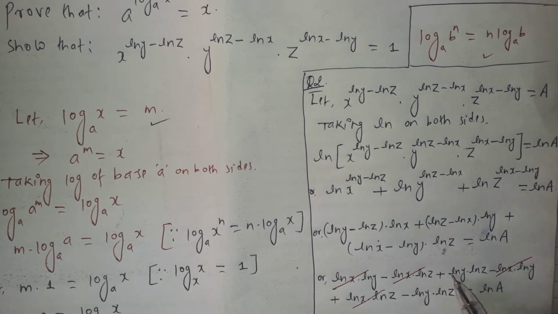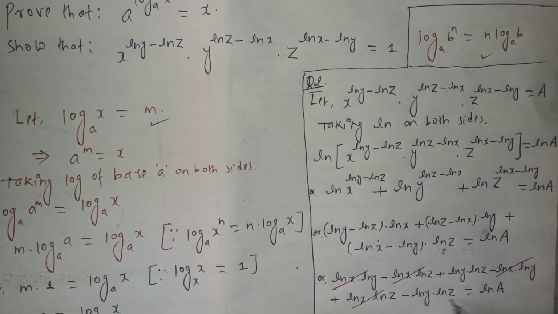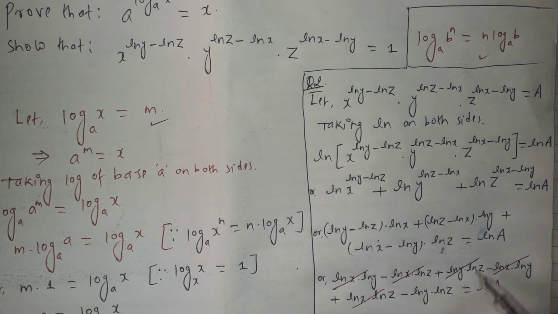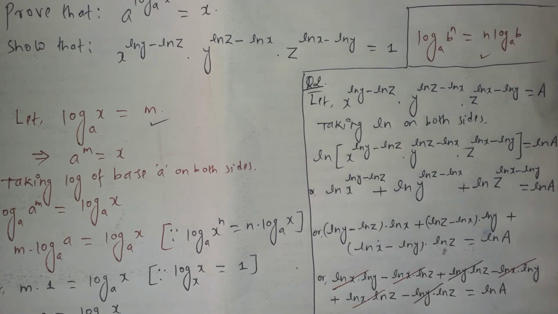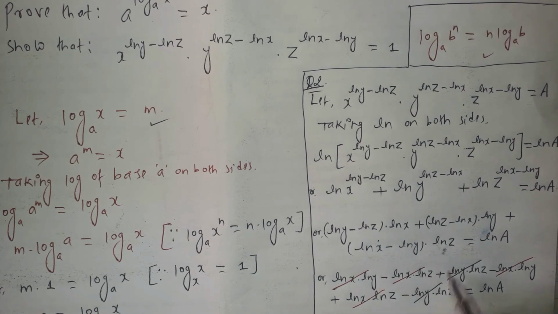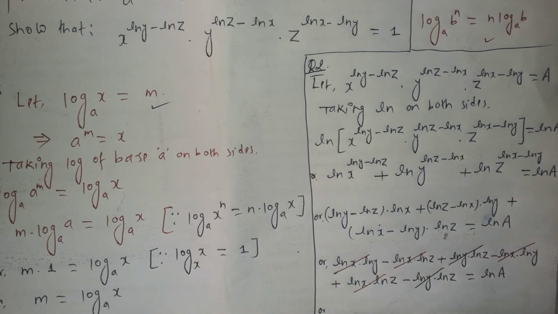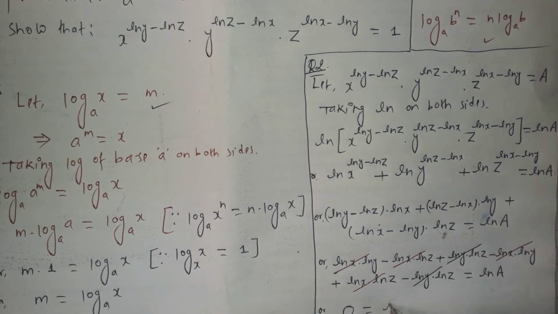Similarly, the positive ln y times ln z and the negative ln y times ln z will also cancel out. On the left-hand side all the terms cancel out, so no term is left, so 0 is equal to the right-hand side, ln a.